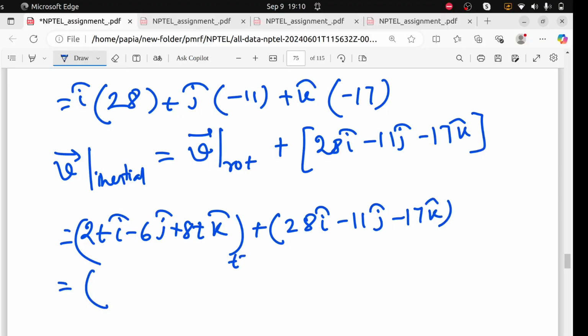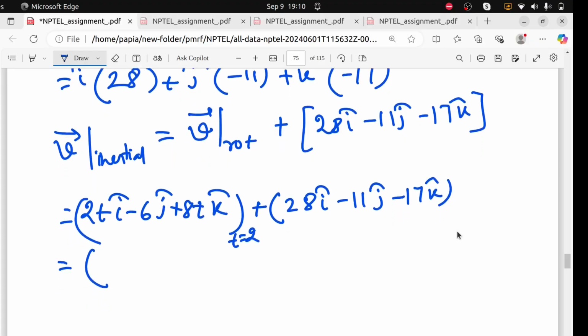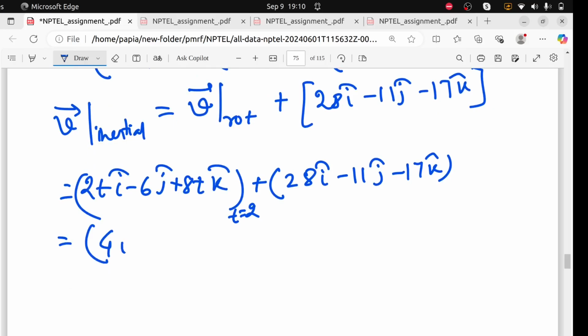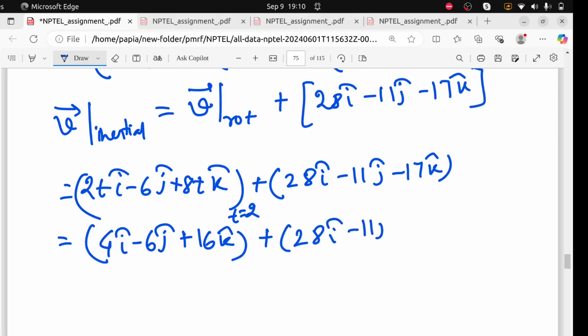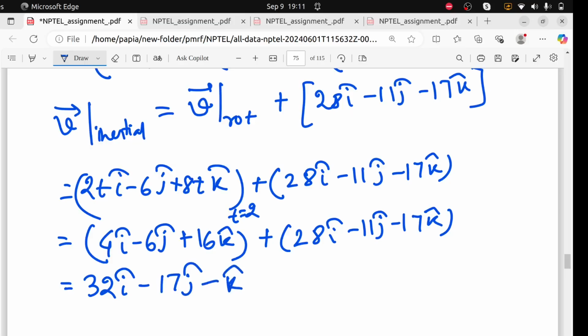At t equals to 2, so this will be 4, and this will be simply 32. 17, minus k cap.